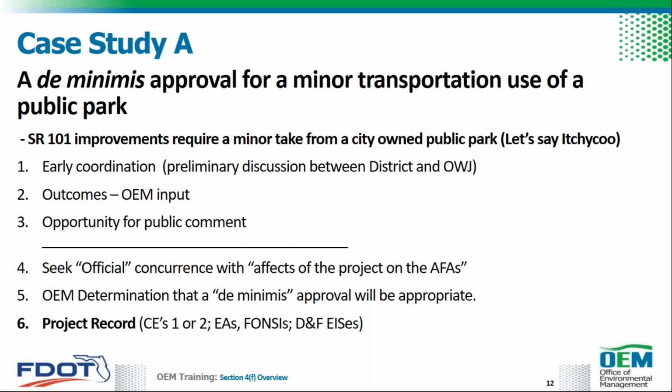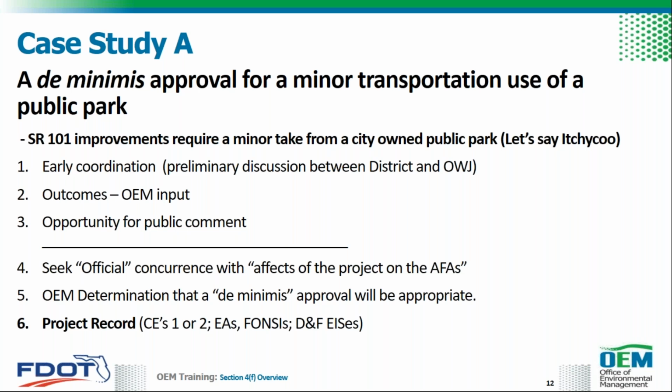Now, in our communication for that approval, we must state in writing that if they concur with our finding that there will be no adverse effects to the activities, features, and attributes of the resource, we will pursue a de minimis approval option. Sometimes you may want to say "may pursue" a de minimis approval option if you're uncertain yet as to whether you're actually going to do that. There are sometimes other matters related to the project that may make you want to withhold that as a definite commitment.